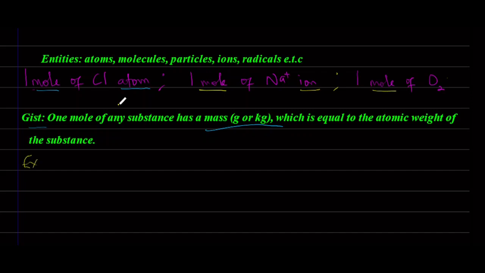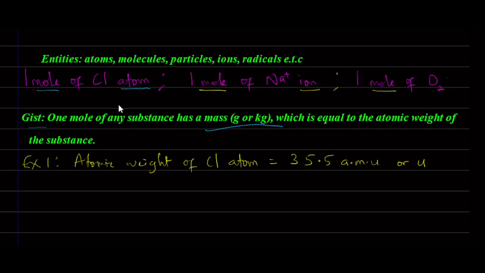Let's take, for example, the atomic weight of chlorine atom is 35.5 atomic mass unit, or we simply write it as U. If this is the atomic weight of chlorine, which is also representing the atomic mass of chlorine, because in chemistry, atomic weight and atomic mass, they are the same thing.